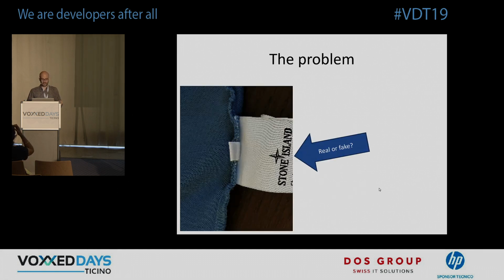I had this problem recently, where a company wanted to recognize whether the labels of items of clothing are fake or real. The fake ones are slightly different, but it takes an expert to find out. It's not really something that you can describe to someone. And so this is the problem they had.